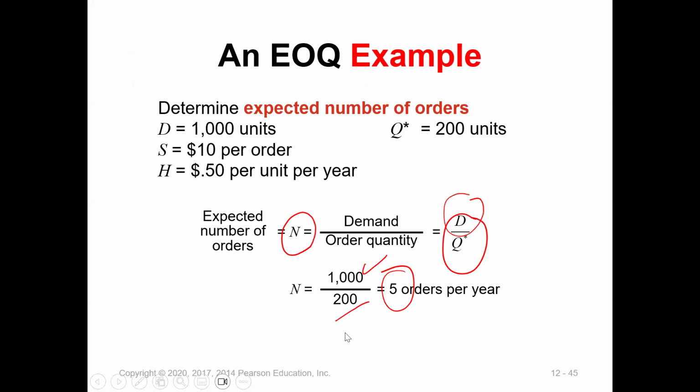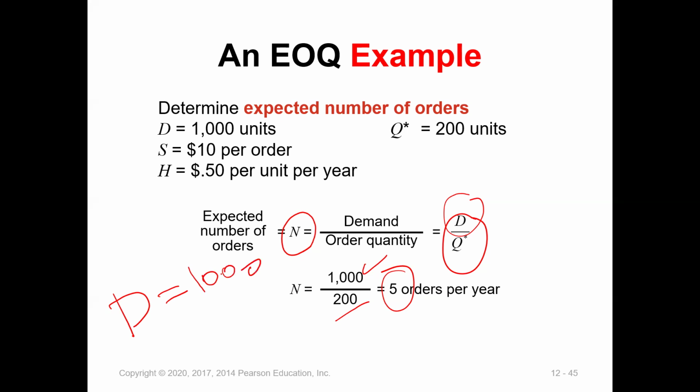So now, determine the expected number of orders. If you know Q star and you know the demand, you can know how many times you can order. So let's say the demand for the year, when we say capital D, this is yearly or annual demand, is 1,000.